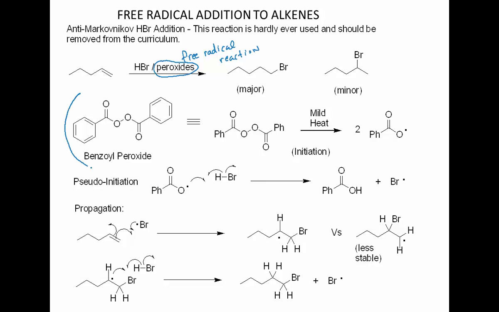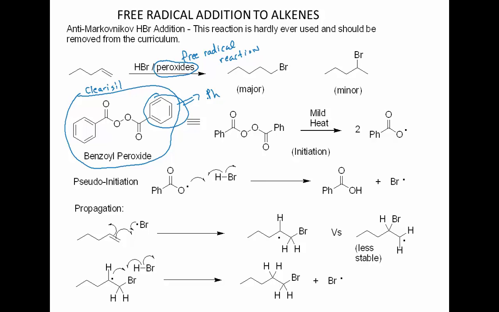Okay, a good example of a peroxide is benzoyl peroxide. This compound right here, which is also the active ingredient in Clearasil. These benzene rings here, we're going to give the abbreviation Ph to symbolize the benzene ring.